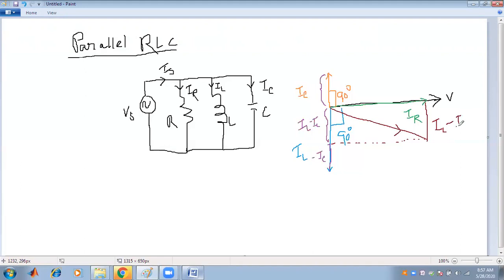The resultant current I can be written as the vector sum of IR plus IL minus IC.